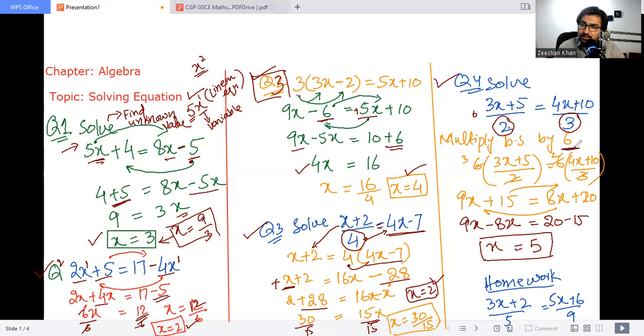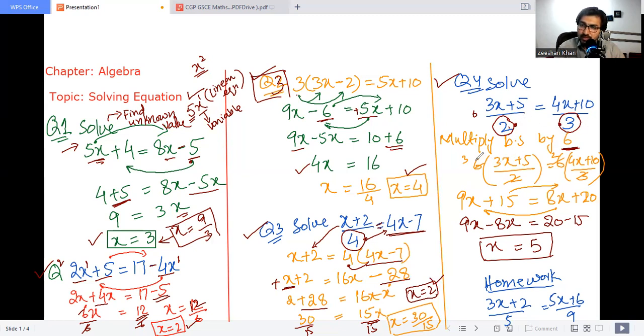Now, how to get this number? Most of the time, this is a trick which works. You multiply this 2 with that 3, so you get 6. Then you think, okay, 6 is a number which can work. When we multiply with both of them, this 2 and this 3 will be removed from the denominator.